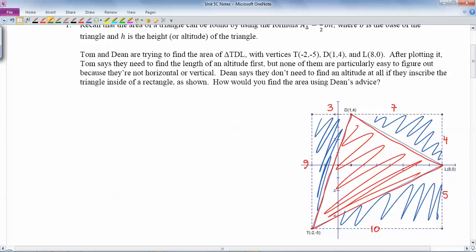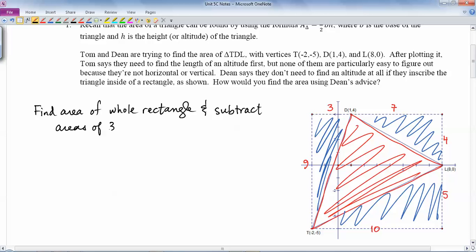So I want to get rid of those 3 areas after I get the area of the big rectangle. So on the side here, I'll write: find the area of the whole rectangle and subtract the areas of the 3 slope triangles.